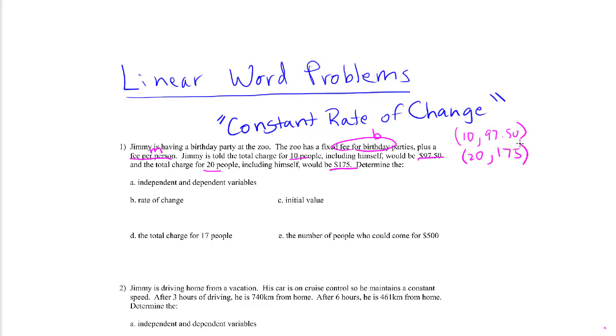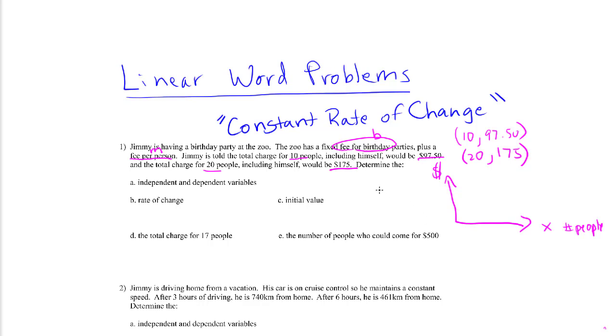From this, I can figure out, using our mathematical mechanics, the b value of the linear equation, as well as the slope m. So first things first, I want to set up and understand exactly what my y and x variables represent in the word problem. X in this case is number of people. Y in this case is dollar charge for entrance to the zoo.